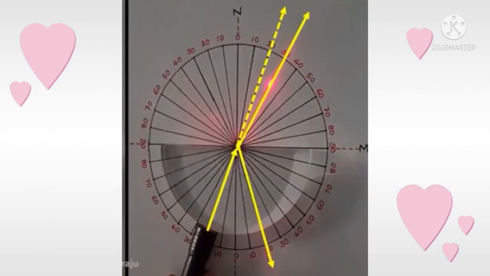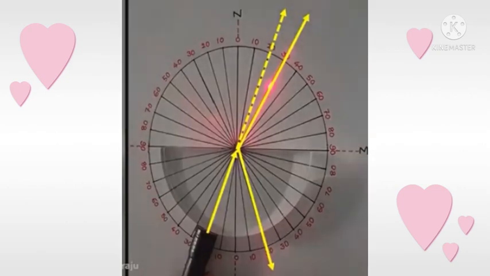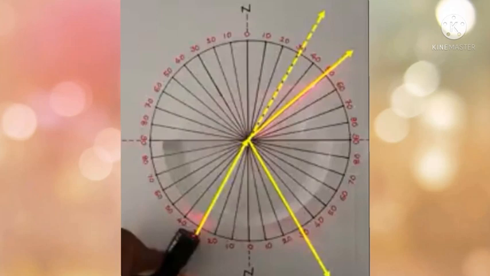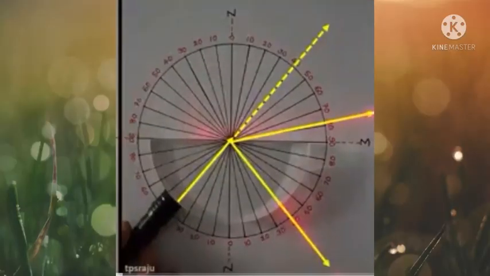Here also some part of light is reflected at 20 degrees. When light passes at 30 degrees, it's refracted at 50 degrees. When light passes at 40 degrees, it's refracted at 80 degrees.